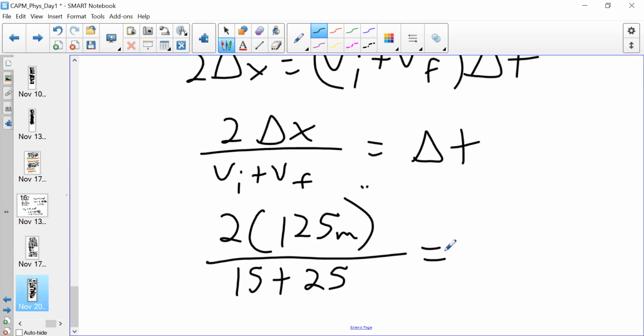So 6.25 seconds. That's how long it took for the car to go from 15 to 25 meters per second. You guys get that? Hopefully. Any questions?